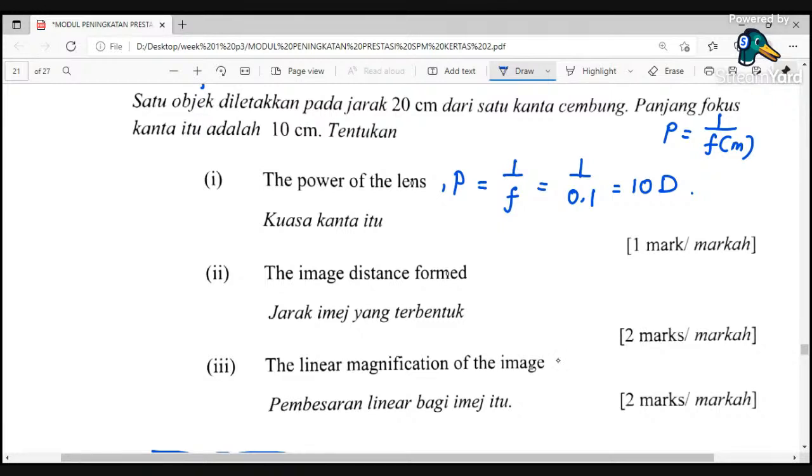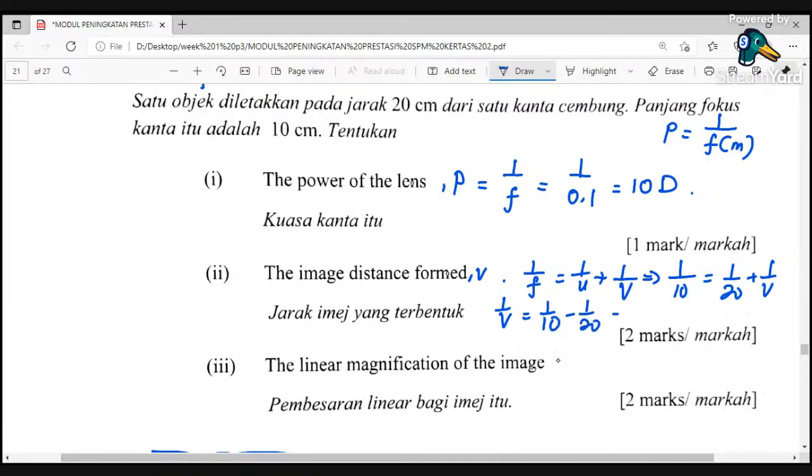Image distance means you need to find V. You have U. Use the lens equation 1 over F equals 1 over U plus 1 over V. F is 10, U is 20. So 1 over V equals 1 over 10 minus 1 over 20, which is 1 over 20.